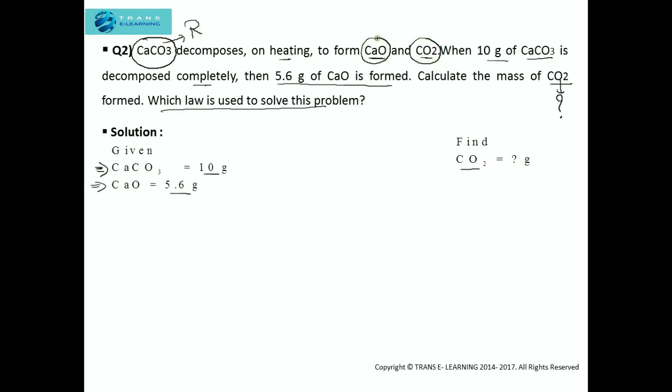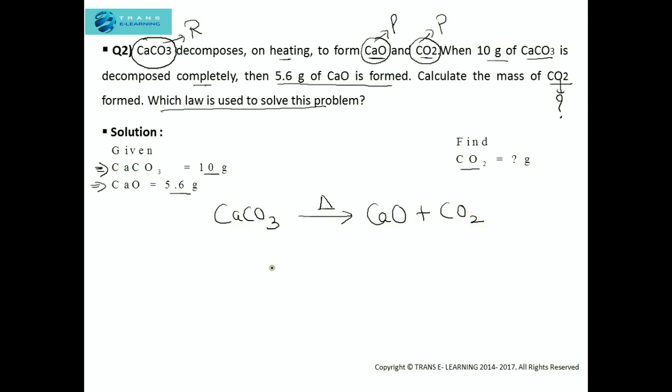So these two were formed as a reaction of heat on our calcium carbonate. That means these two are products. So now let us write the equation. Calcium carbonate on heating decomposes to calcium oxide and carbon dioxide.